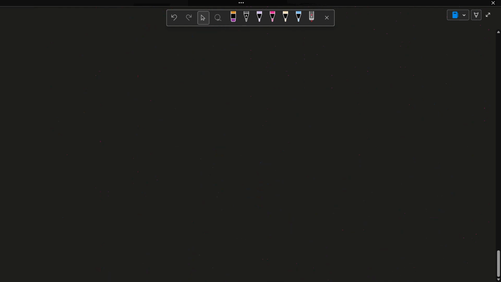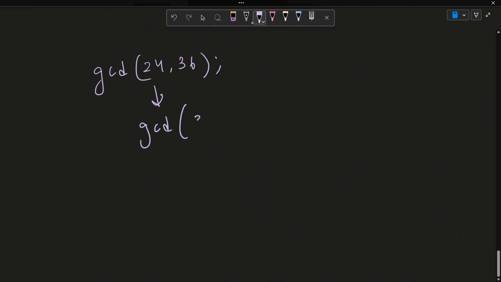Just for your clarification, let's calculate GCD of, let's say, any two numbers, let's calculate GCD of 24 and 36. It's not exactly related to this problem, but let's do the calculation. So I hope you remember I would check initially if this value 24 is 0. No, it's not. So what I would do is in turn call GCD of 36 comma 24 modulo 36, which is GCD of 36 comma 24.